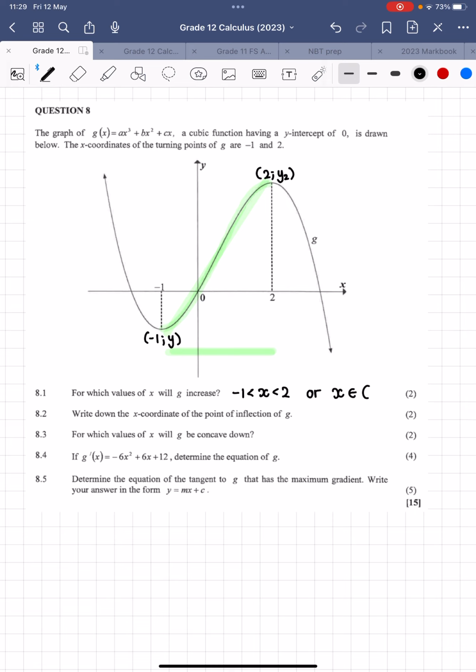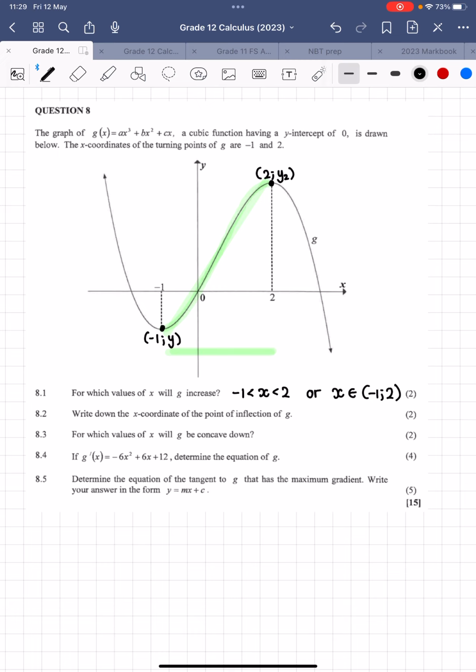X is an element of -1 to 2. Now, there is some debate in math circles about whether we should include or exclude the turning points. Some teachers and some mathematicians would agree that at the turning points, since the gradient is 0 there, the derivative is 0, that at the turning points the graph is not increasing or decreasing.